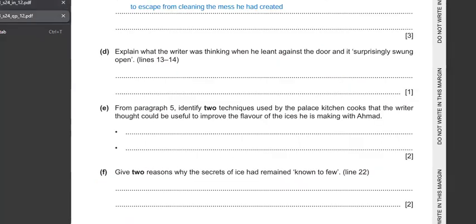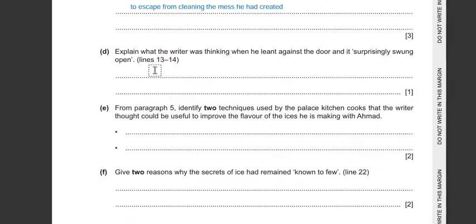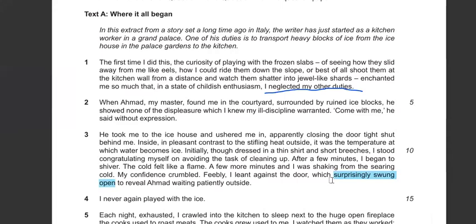Now, let's go back to the question, where the question says, explain what the writer was thinking when he leaned against the door. If we look at the scenario discussed in this paragraph, the writer was being called inside, Ahmed was stepping forward, and as soon as Ahmed went inside, the door was shut.